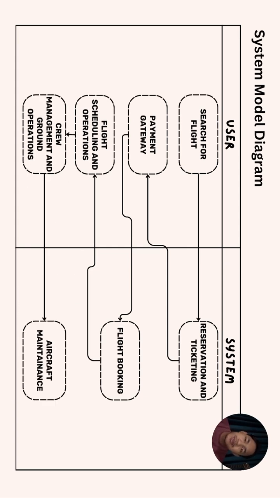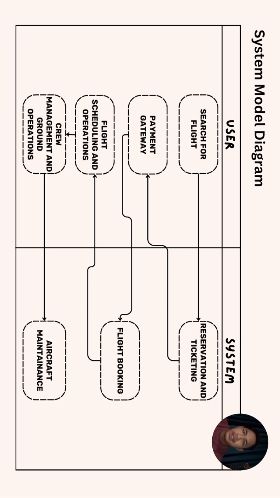This is the system model diagram. First, after the user searches on the web page, the user can search for their flight to book, and then the system reserves the flight and does the ticketing.